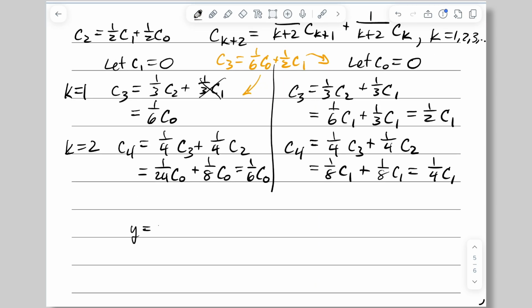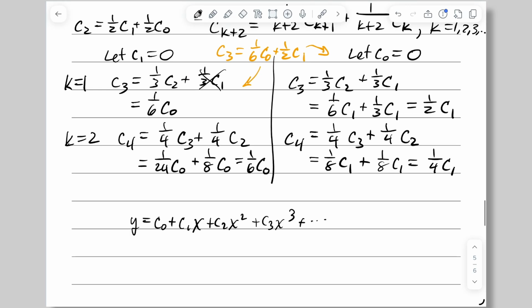Generally, we have y equals c naught plus c1x plus c2x squared plus c3x cubed, and so on, as you know. What we have now, though, is one set of constants that ultimately depends on c sub 0, and another set of constants that ultimately depends on c sub 1. I'm going to split them appropriately.